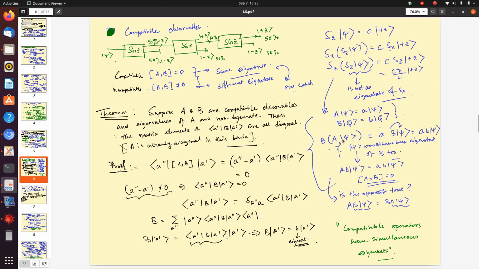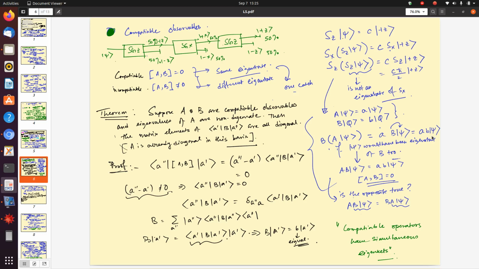If I perform a measurement A on psi and then perform a measurement B on the outcome of that first measurement, the first one will give me a psi and the second one will give me b psi, assuming that this psi is also an eigenstate of B. So, in order to be able to write this, I have to assume that psi is an eigenstate of both A and B with eigenvalues a and b.